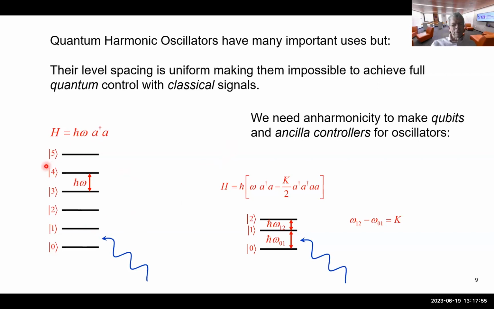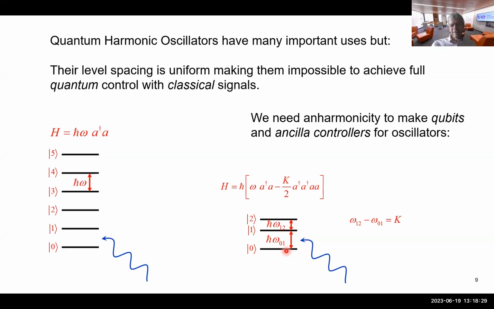In order to obtain universal quantum control of this harmonic oscillator, I need some help from some object which is anharmonic, and a superconducting auxiliary qubit will help us do that. So we'll need some oscillator which has additional anharmonic terms, so the energy levels are not evenly spaced.